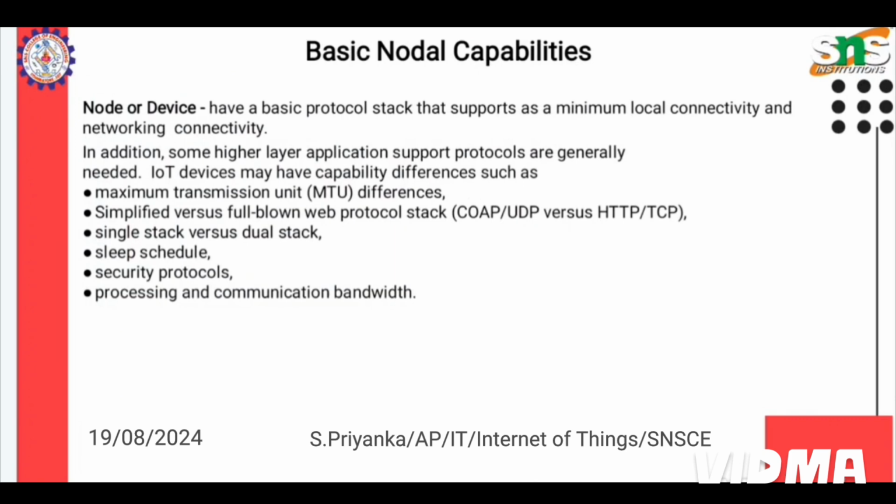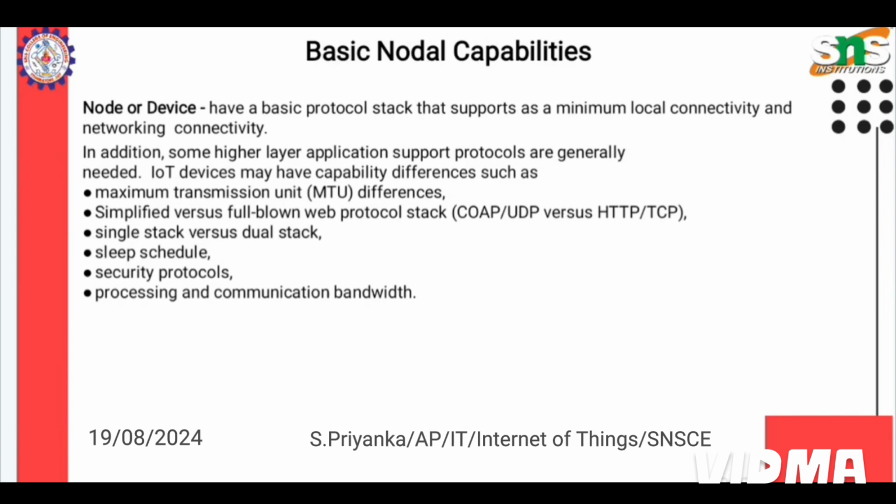Next is basic nodal capability. Basic node capability mainly consists of the HLSA. A remote device generally needs to have a basic protocol stack that supports at minimum the local network. In addition, some higher layer application support protocols are generally needed.